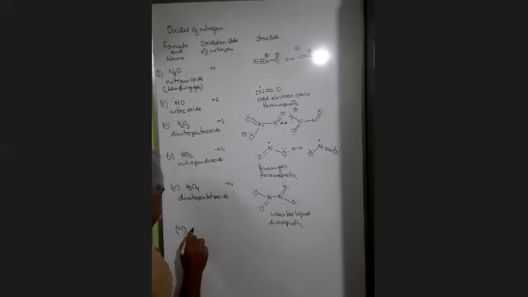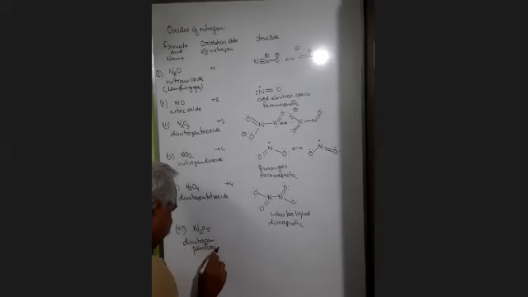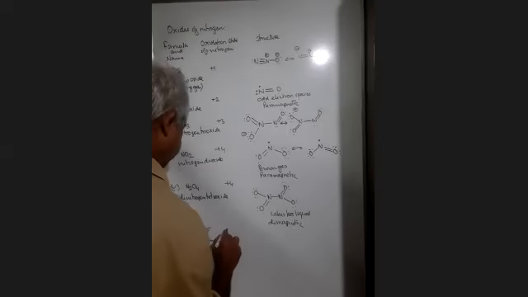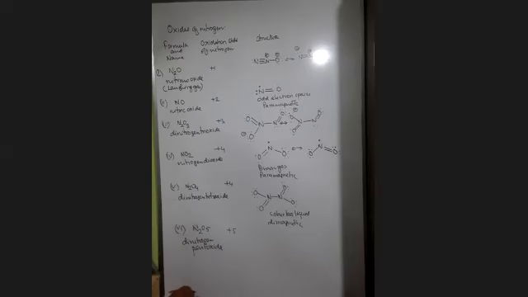Six, N2O5. This is called dinitrogen pentoxide. This is +5. The structure is this one.